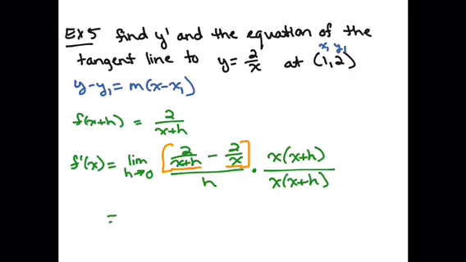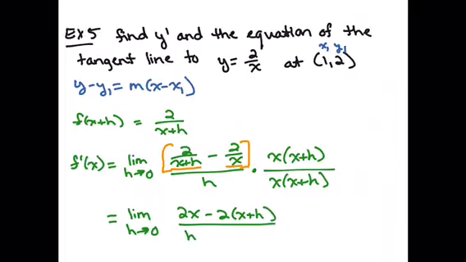When I multiply the first fraction by x times x plus h, those x plus h's cancel, leaving me with 2x. For the second fraction, when the x's cancel, I'm left with minus 2 times x plus h all over h times x plus h.